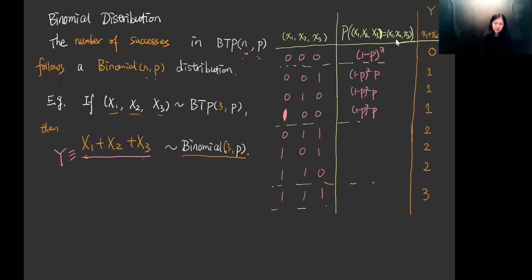And the probability of each of the outcomes with 2 successes and 1 failure is 1 minus p to the power 1 times p to the power 2. So the failure rate to the power 1, which is the number of failures, and the success rate to the power 2, which is the number of successes.